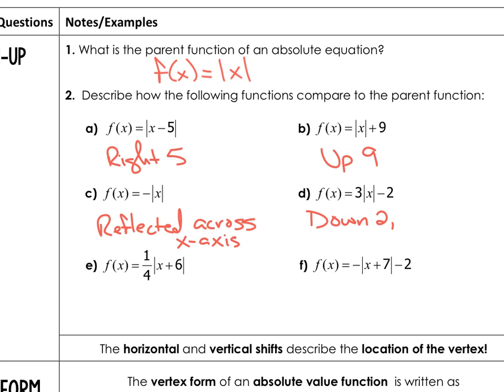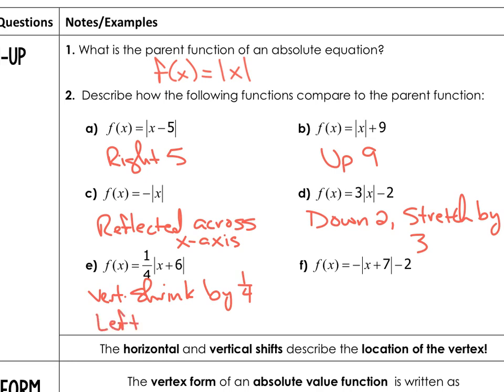But then it's also got a vertical stretch by a factor of 3. Okay? On letter E, we would say that has a vertical shrink by 1/4. But then we also say that it moves left 6. So left 6 units. Okay?